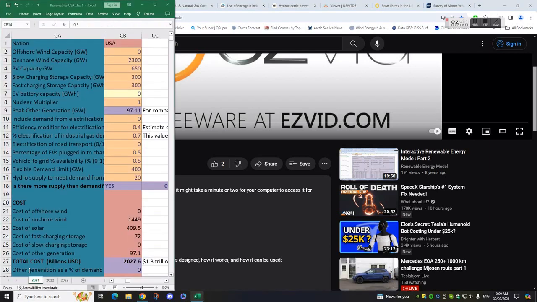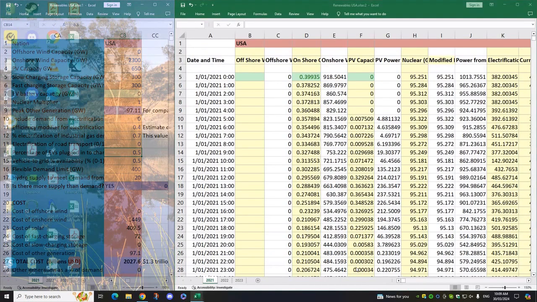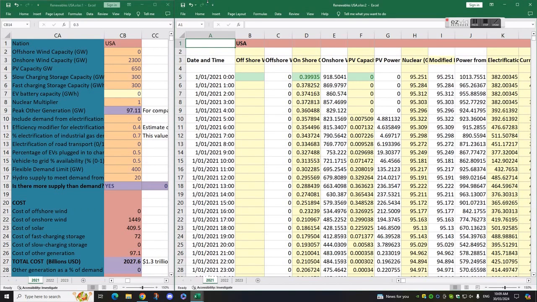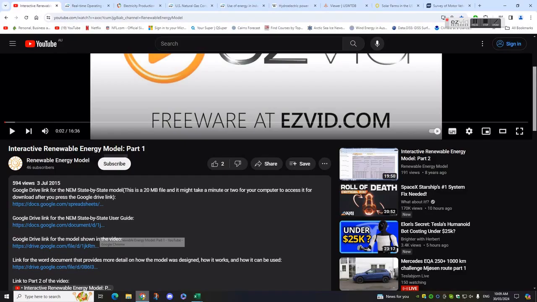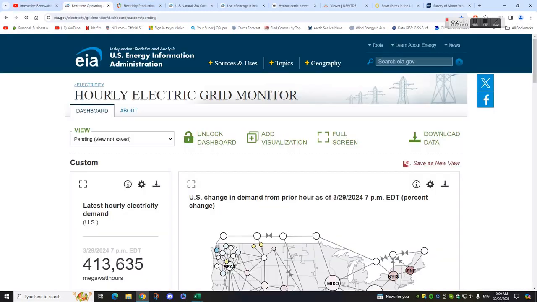Okay, so now a brief description of how it can be used and its basic operation. The model works by taking real data. For the American spreadsheet, it takes data from the US Energy Information Administration, the hourly electric grid monitor page.